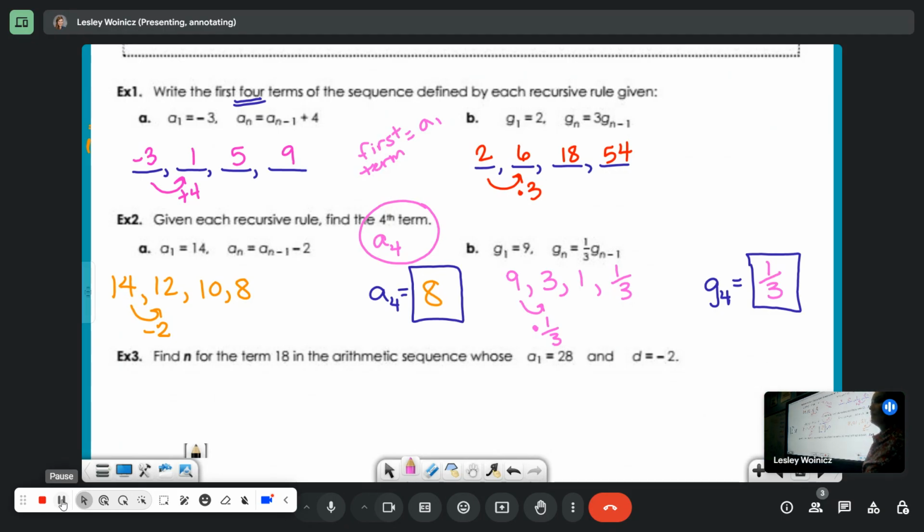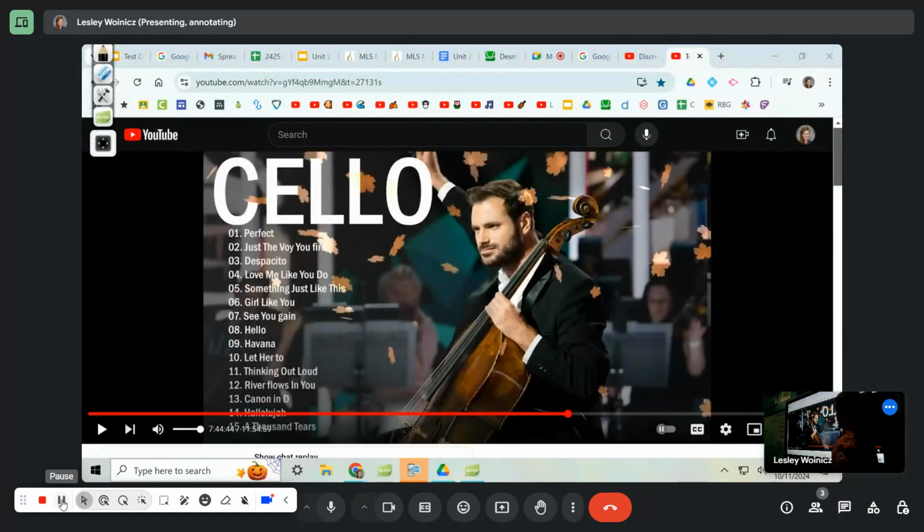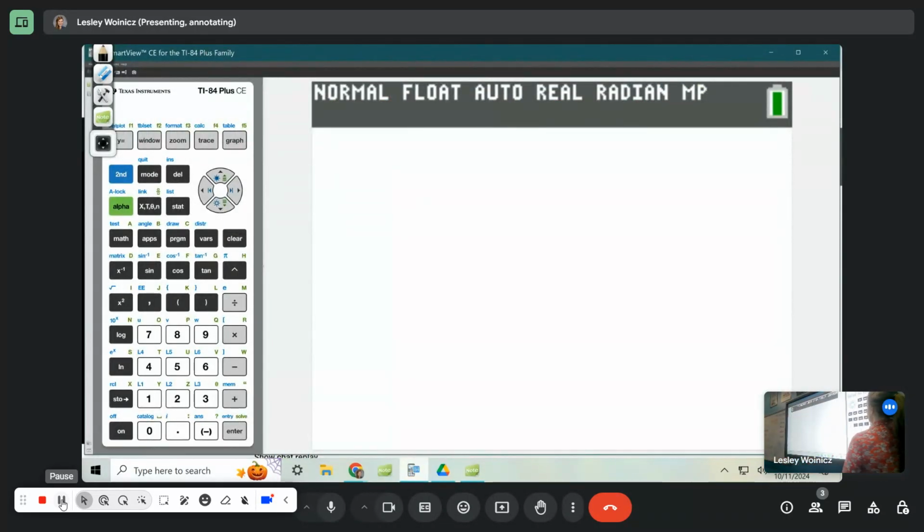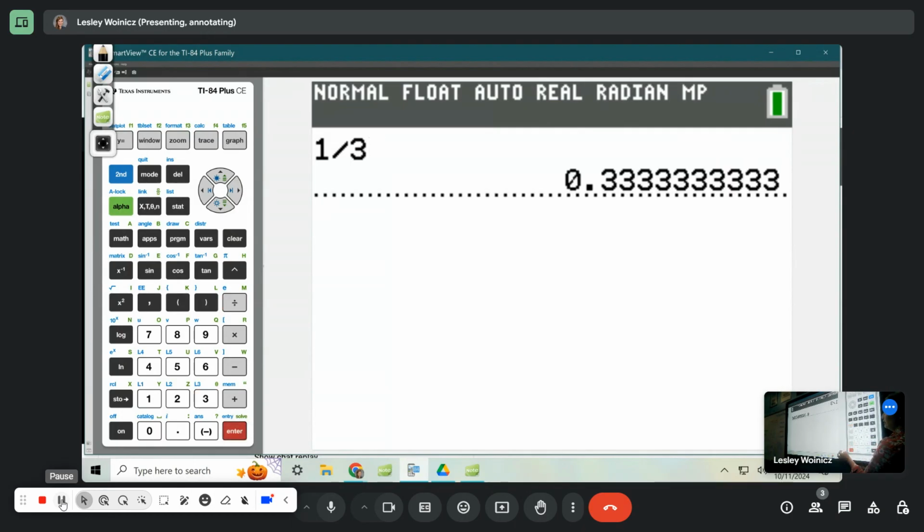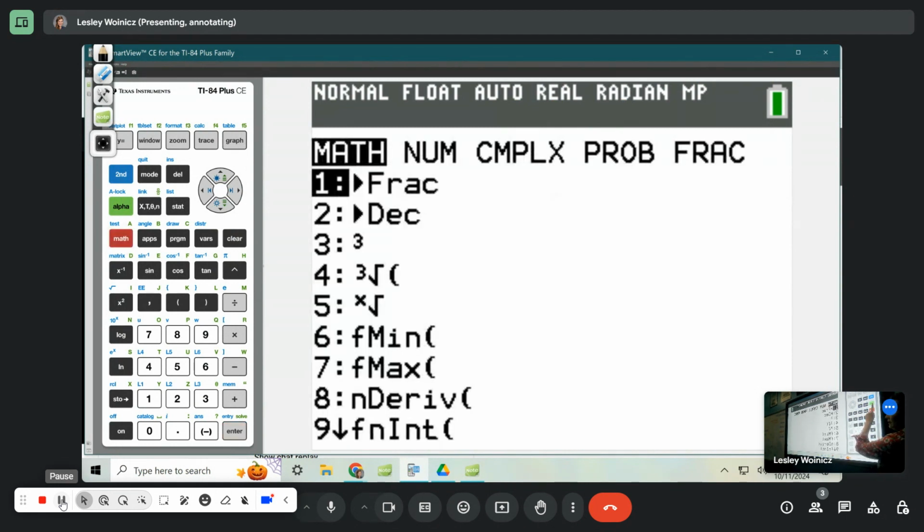Okay, so hit the math button. Go into the box and then press fraction. So if you do 1 divided by 3, I'm getting this, right? And then I hit the math button. What do I want to turn my decimal into?